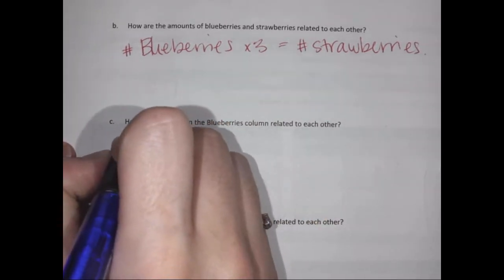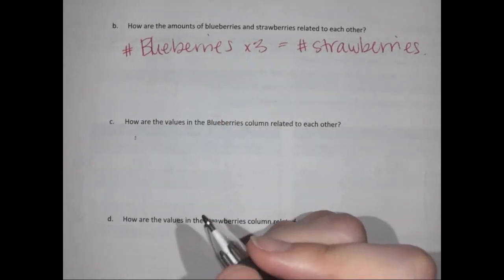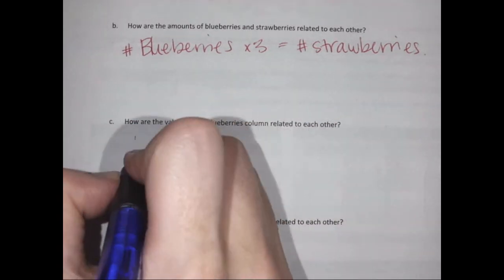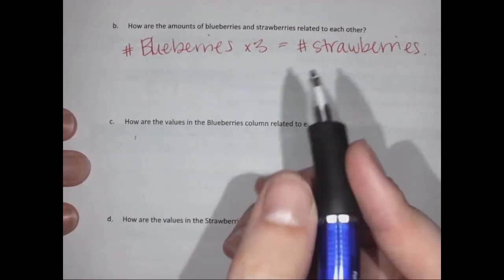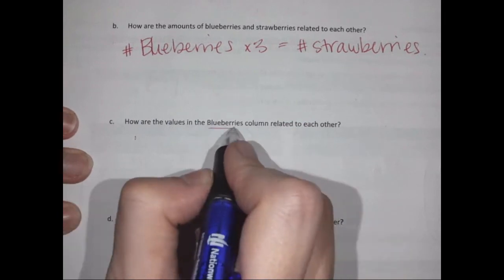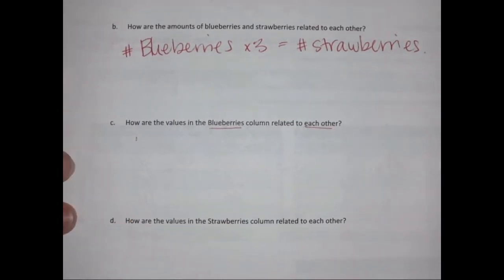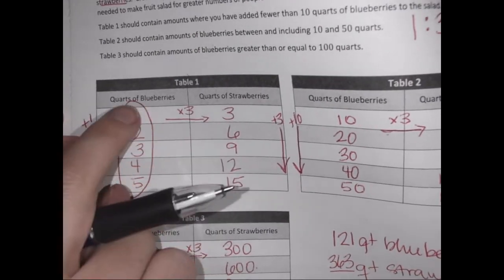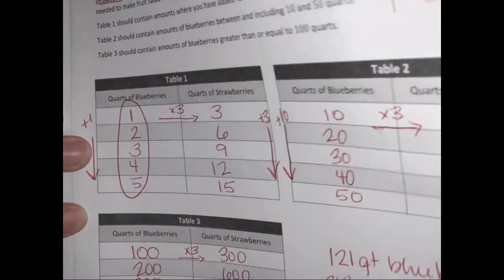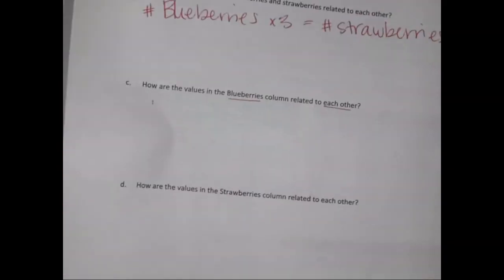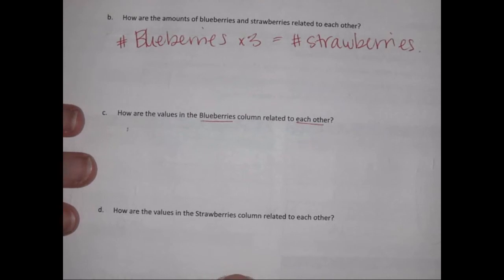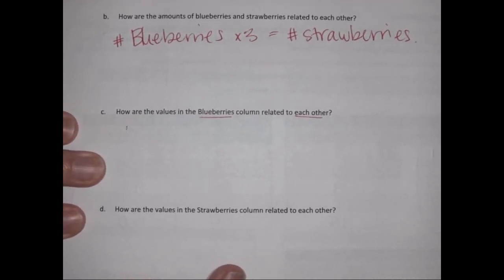The values in the blueberries are related to the strawberries because you just added. Oh, no. How are the values in the blueberries column related to each other? So like this. They're all by 1. You're adding, counting by 1. Yes, so I'm counting by 1s in the first table, but I'm counting by 10s in the second table.